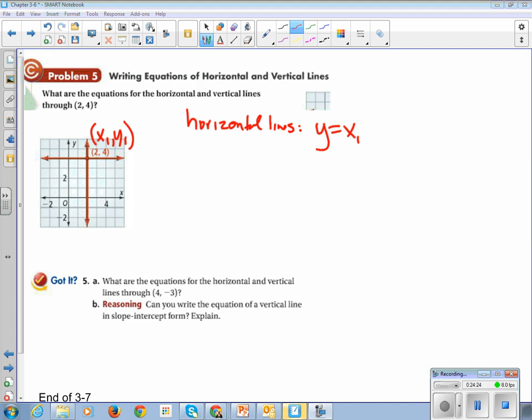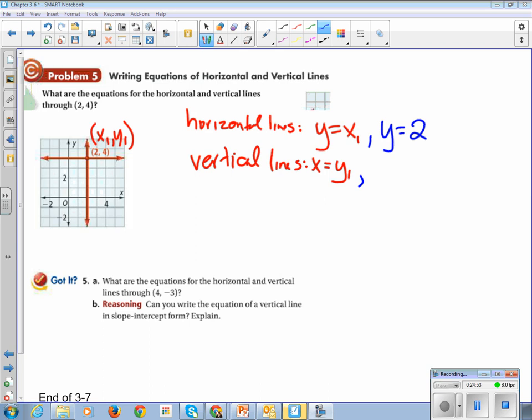And then vertical lines are x equals y1. So when it says what is the equation for the horizontal and vertical lines that go through this point, the horizontal line that goes through 2, 4 is y equals 2.